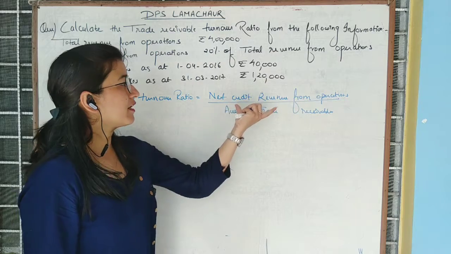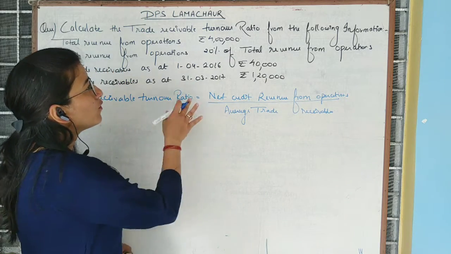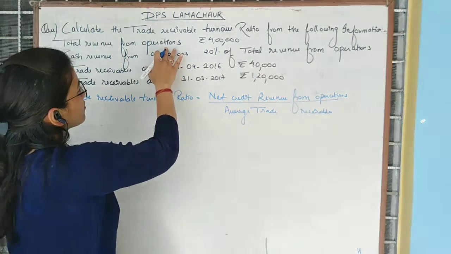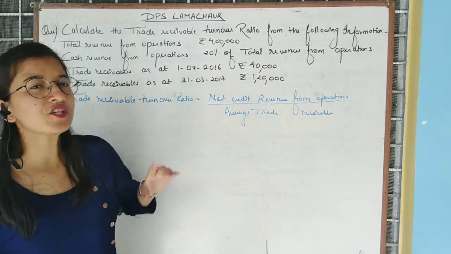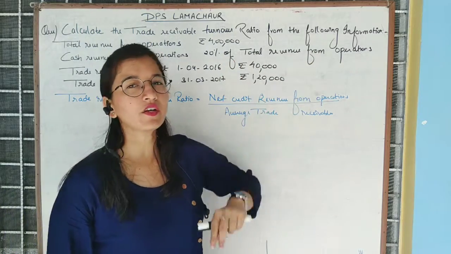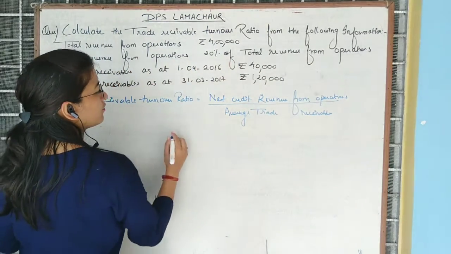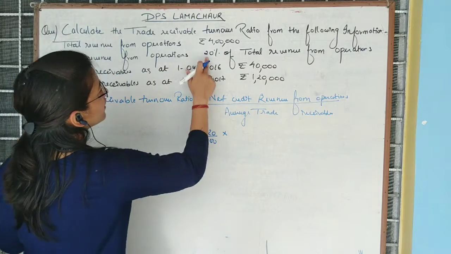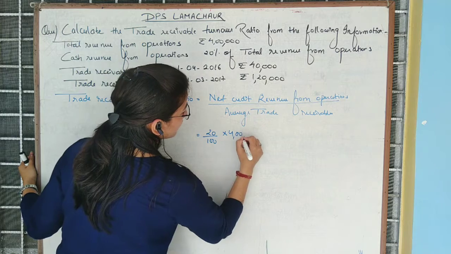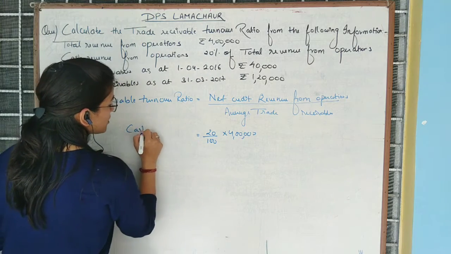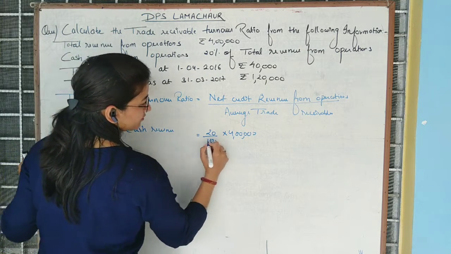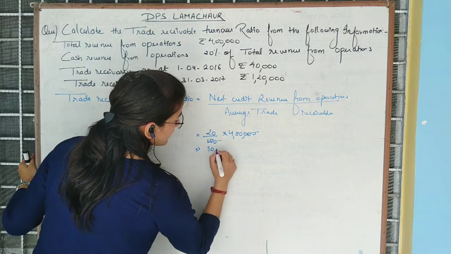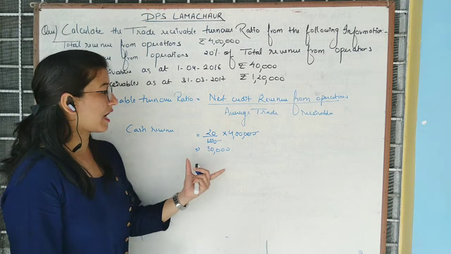So to calculate net credit revenue from operations, we will deduct cash revenue from operation from total revenue from operations. So cash revenue from operation is 20% of total revenue from operation. So 20% of total revenue from operation will be 20 upon 100 into 4 lakh. This will be the cash revenue. 20 into 4,000 will be 80,000. So 80,000 is the cash revenue.